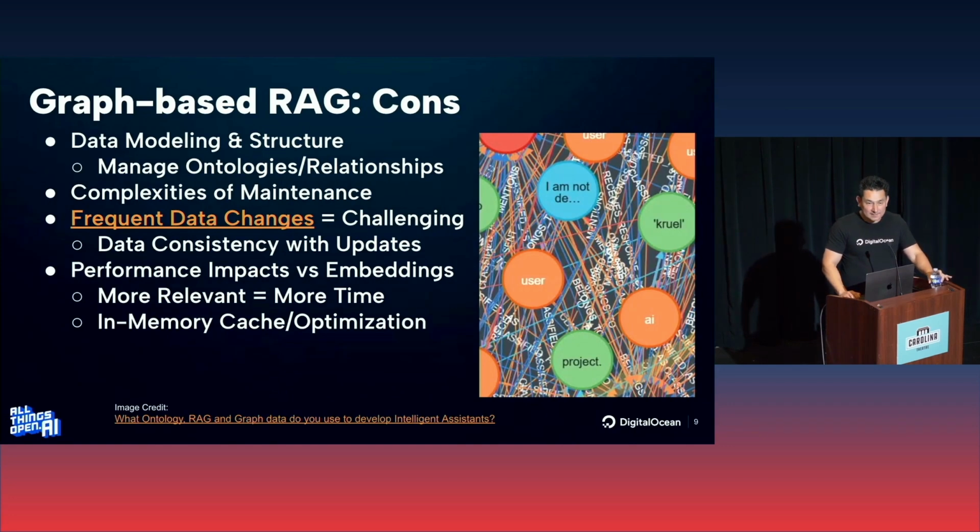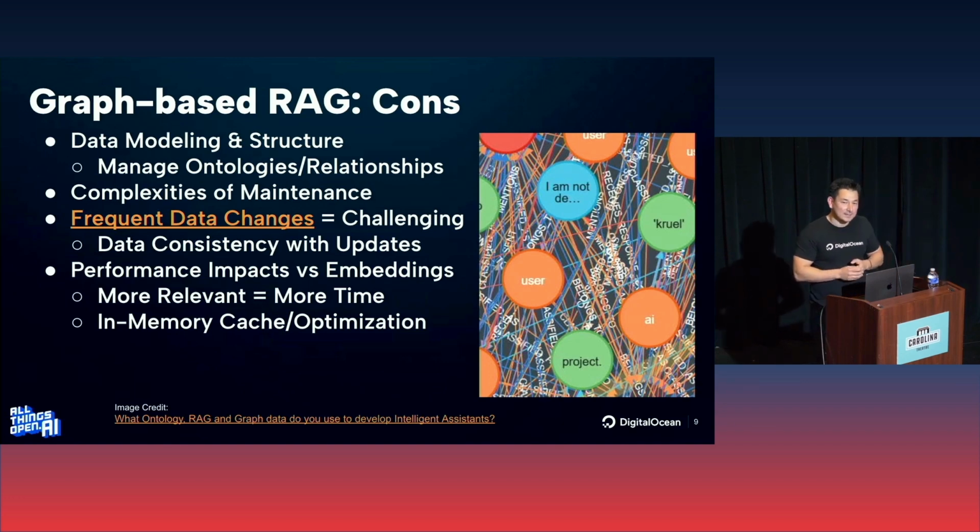So the cons. The first word that I said in the pros category is also the con. The problem is it's structured. You have to provide structure to the data that you're ingesting, and it's up to you how that data gets structured and what it looks like. So it's on you to manage the ontologies, the relationships between two different pieces of data or two different things.